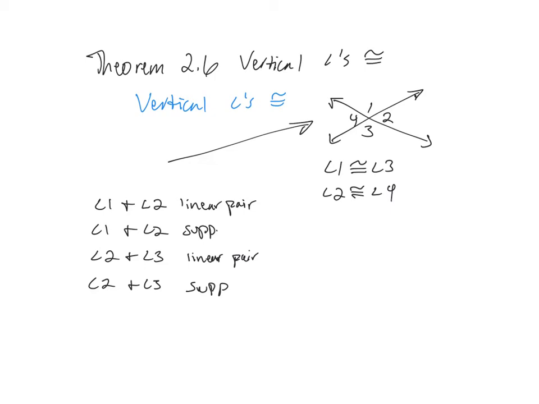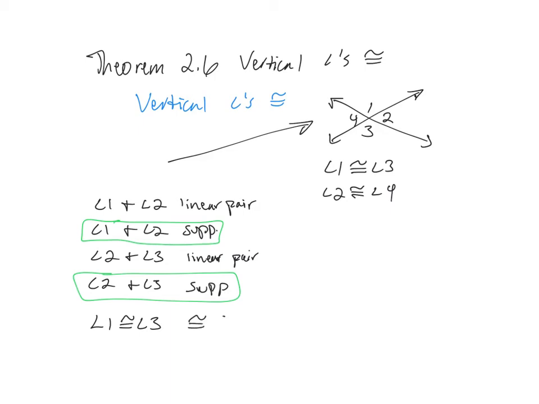So then what I've just done is I've created that angle 1 and 2 are supplementary. Angle 2 and 3 are supplementary. Therefore, angle 1 is congruent to angle 3 because of what's called the congruent supplement theorem that we just talked about earlier.